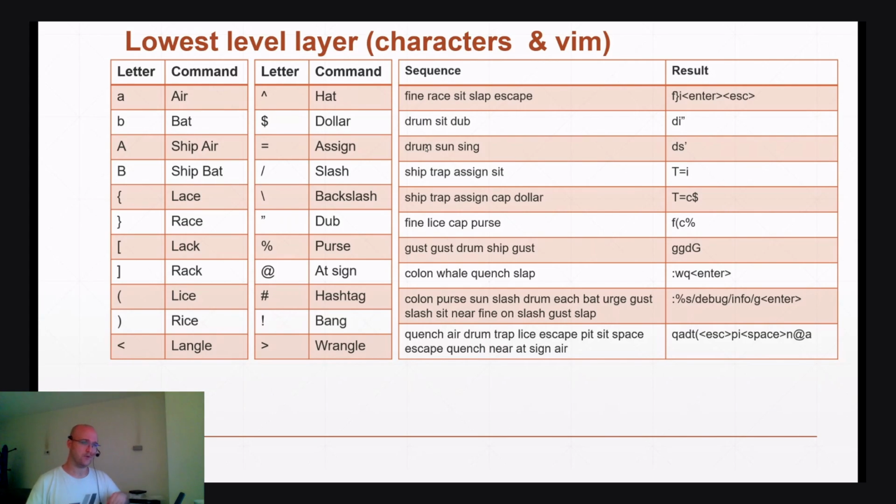These symbols here also have names, of course. We can't very well say right curly brace every time. So we say things like lace, race, lack, rack, lice, rice. These are all personal choices where the user chooses which things to say.